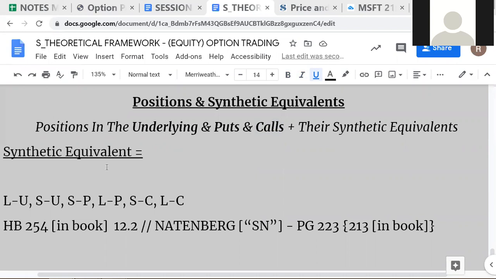Or let's make it more specific: whenever you say equivalent, it's obviously the equivalent of something, of a position.